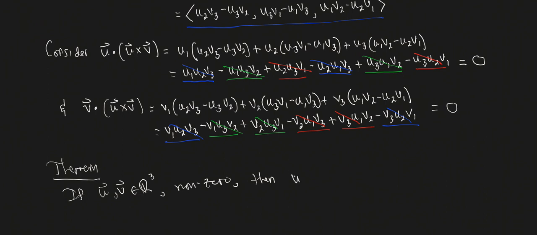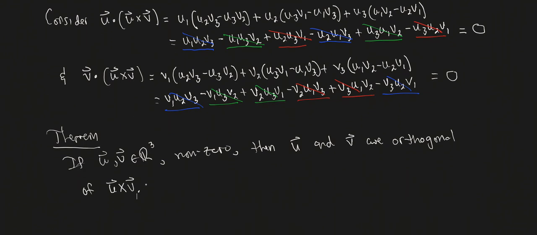So then u and v are orthogonal to the cross product of u and v, right?